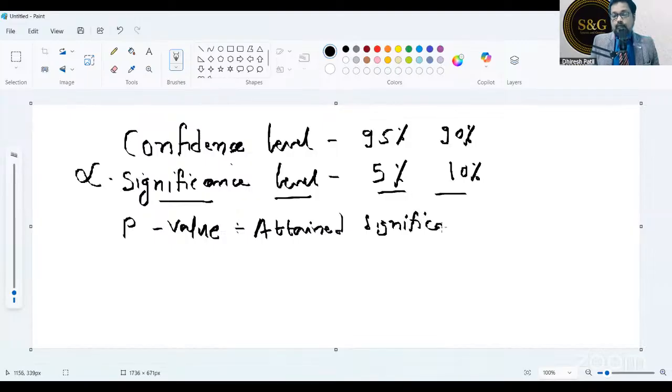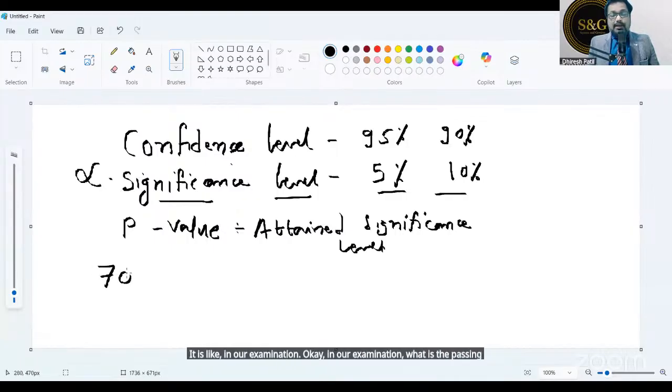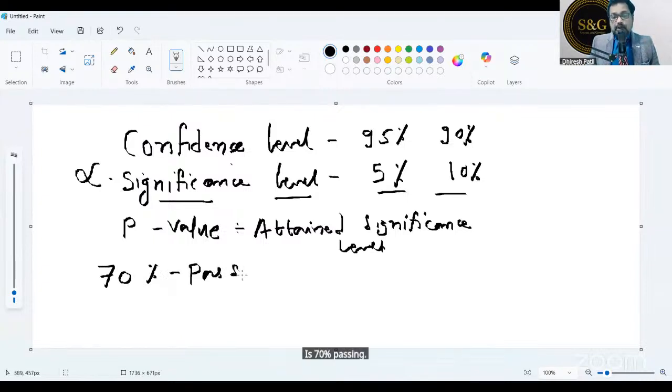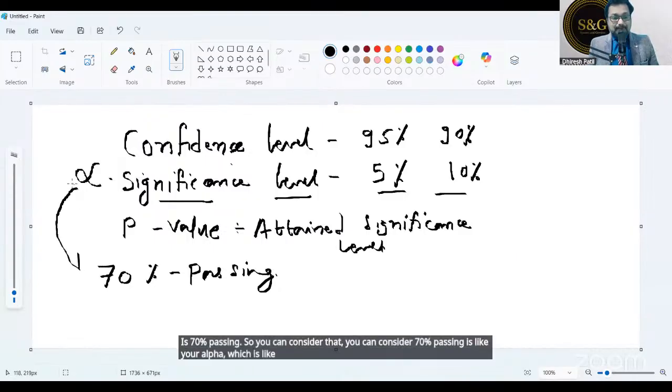It is like, in our examination, what is the passing percentage? The passing percentage according to CSSC norms is 70%. You can consider that 70% passing is like your alpha, which is like the significance level.